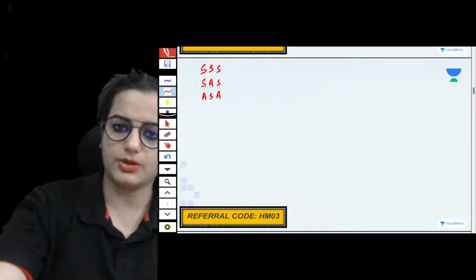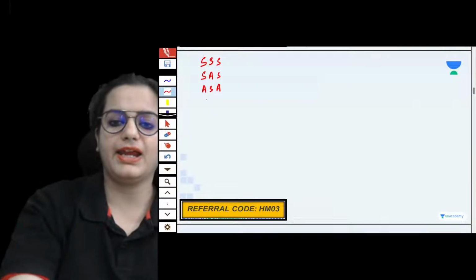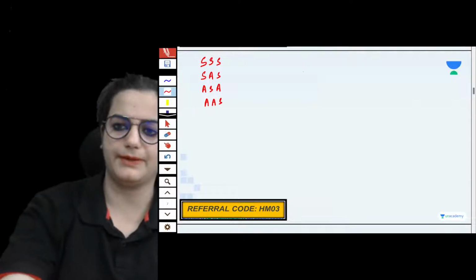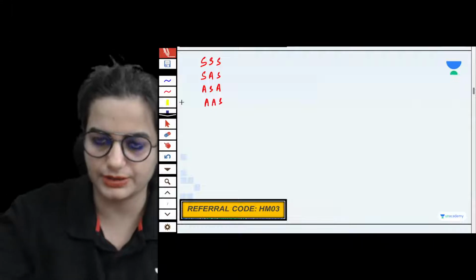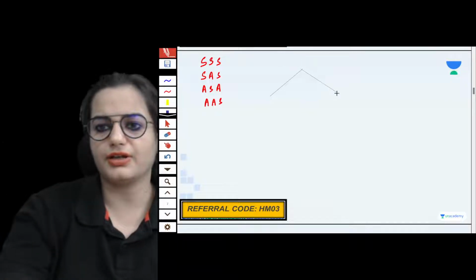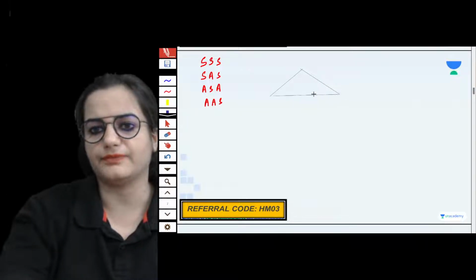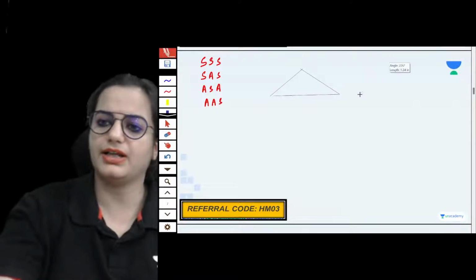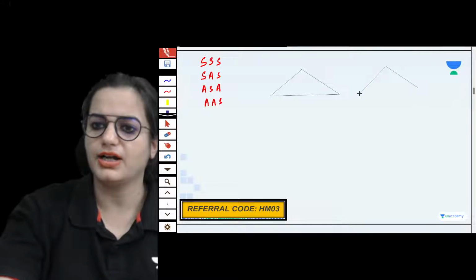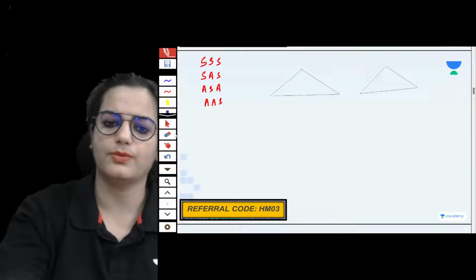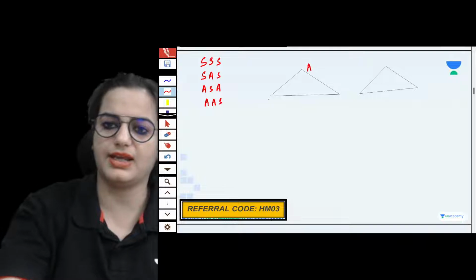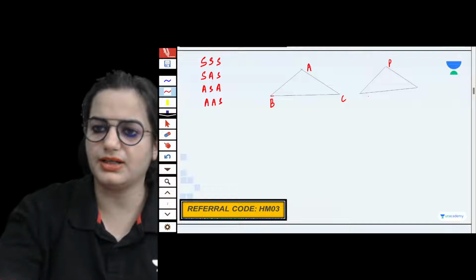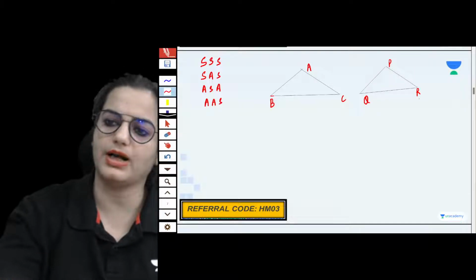The fourth one was AAS. For example, I am taking a triangle so that it would be clear to all the students. This is your triangle ABC, and the next one is PQR.